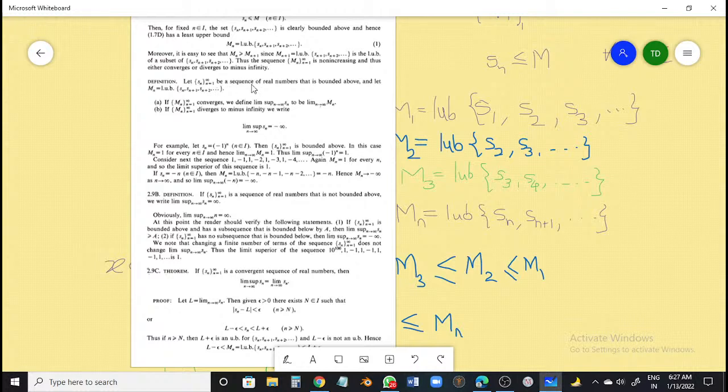Now a monotone sequence, if it converges, then its limit will be called lim sup, the limit superior of the sequence. And if it diverges, then the limit superior is defined to be minus infinity, because it is going down, it is reducing.